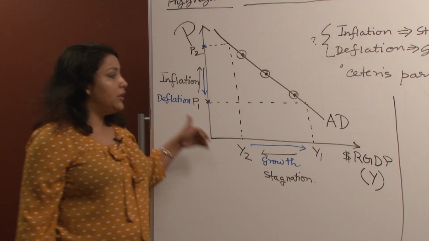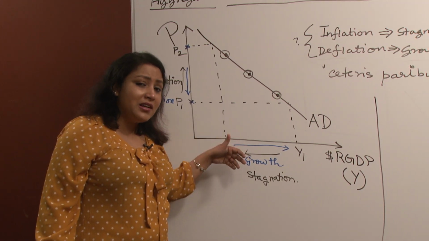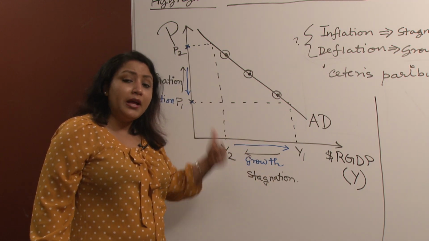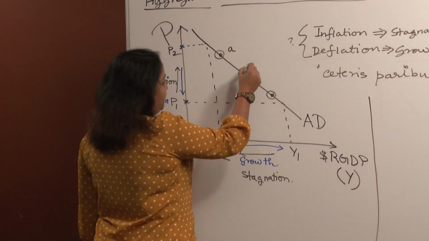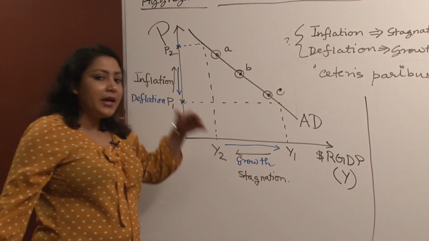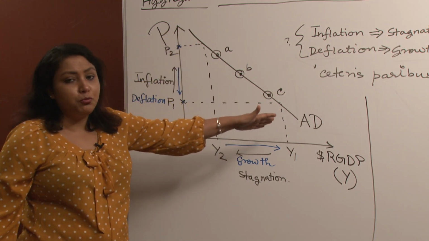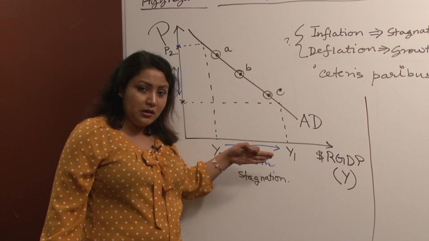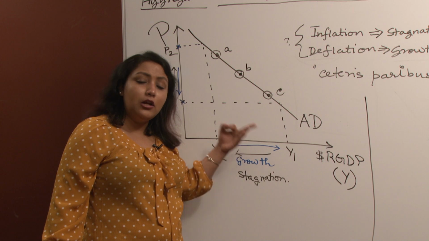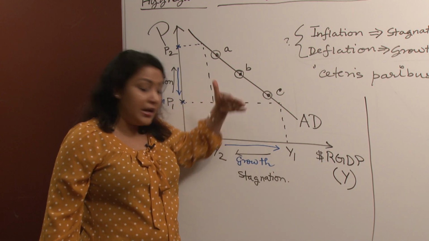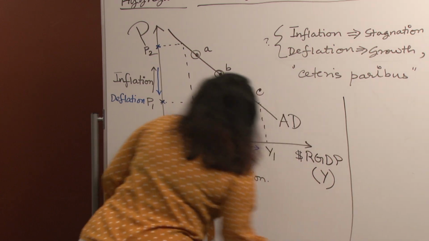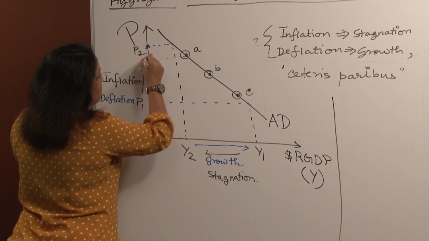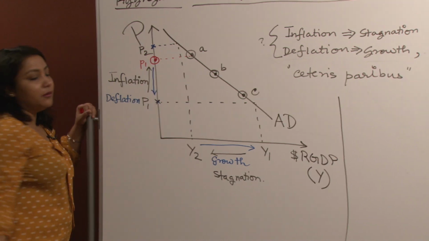Now any point on the aggregate demand curve is basically the total expenditure on goods and services. Please note carefully that any point, and let's name these points A, B, C, and there could be numerous such points on that aggregate demand curve, all represent the total expenditure of the economy at that particular price index. So if I am talking about point A, then point A is the total expenditure of the economy when the price index is P1.